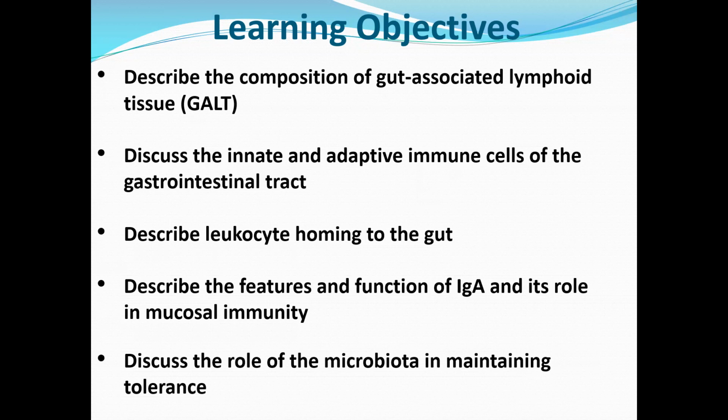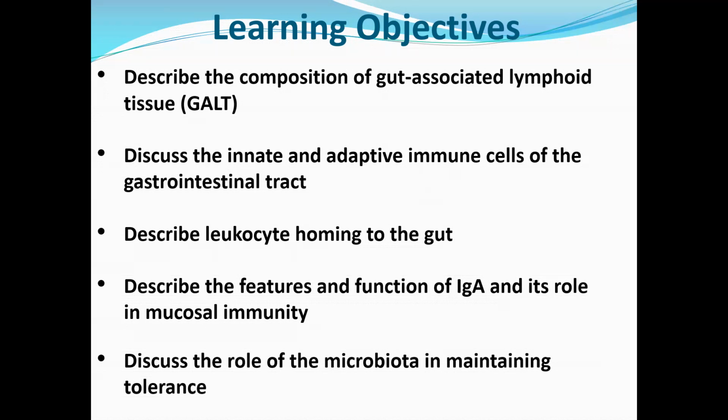With regard to antibodies, the primary antibody is IgA, and I'll talk about the properties of IgA. But bear in mind that IgG, possibly IgE, also function within the system.